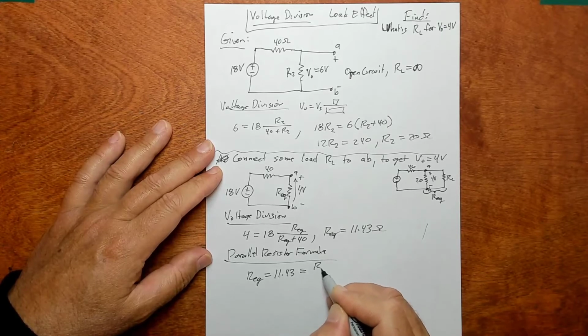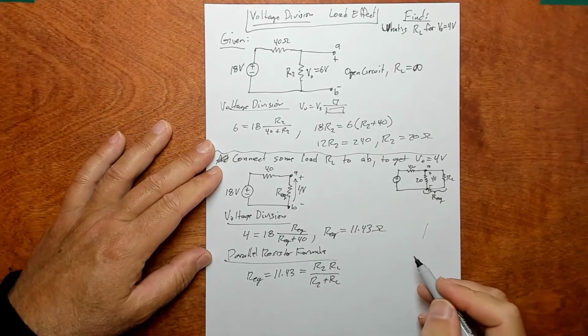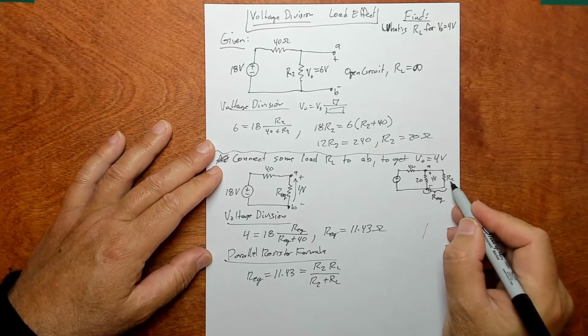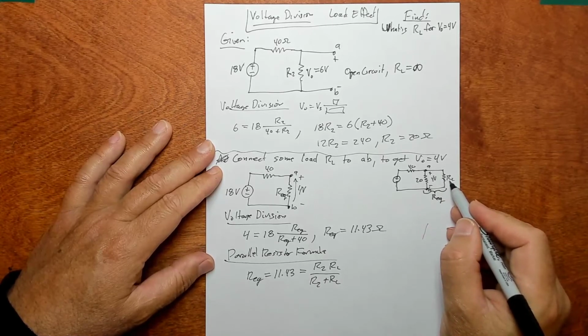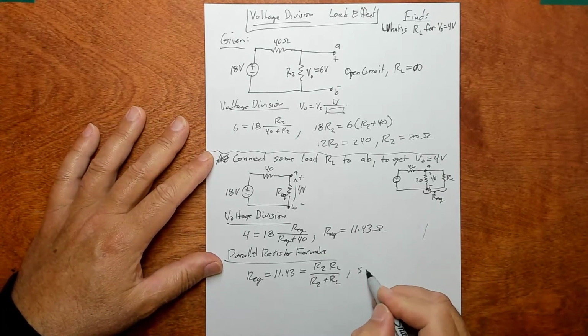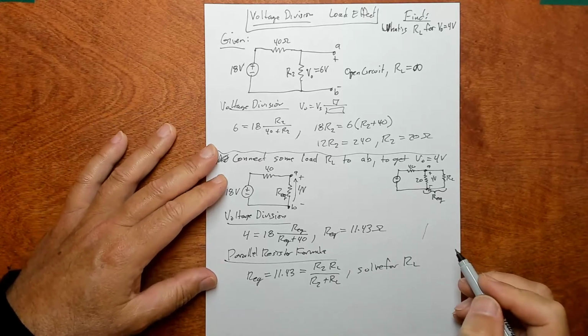It's given by R2 RL over R2 plus RL. This is our formula for resistors in parallel. R2 is the 20, and RL is unknown, and those should sum up to the parallel equivalent of 11.43.